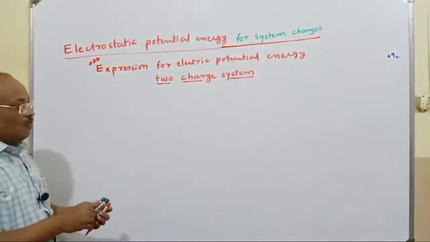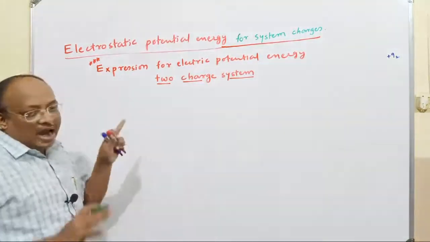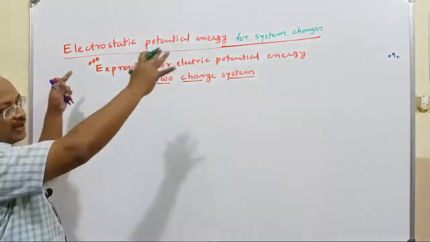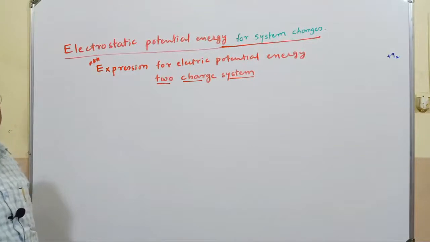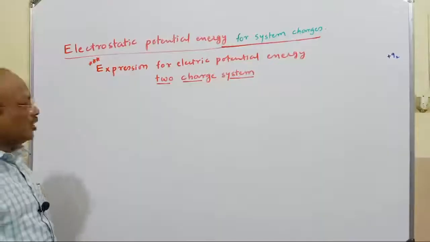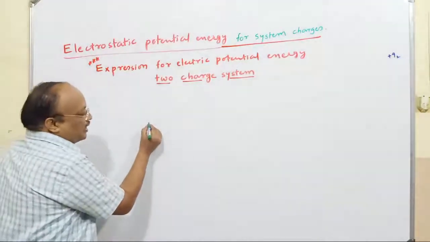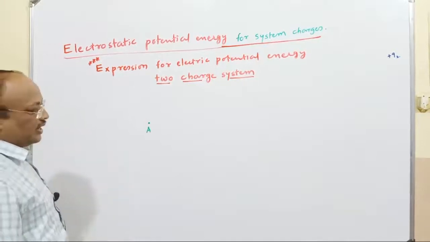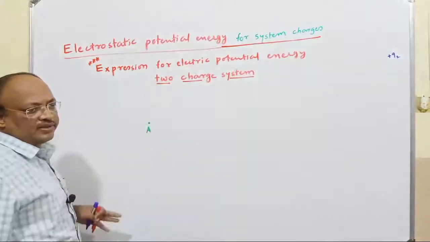So, what I am doing? Under ideal conditions, no other forces are present in this. First I bring the charge Q1 from infinity to the point A. From infinity, no electric field, no friction, no other things.